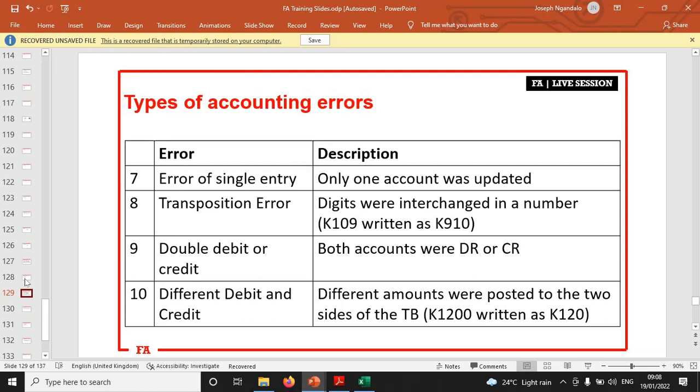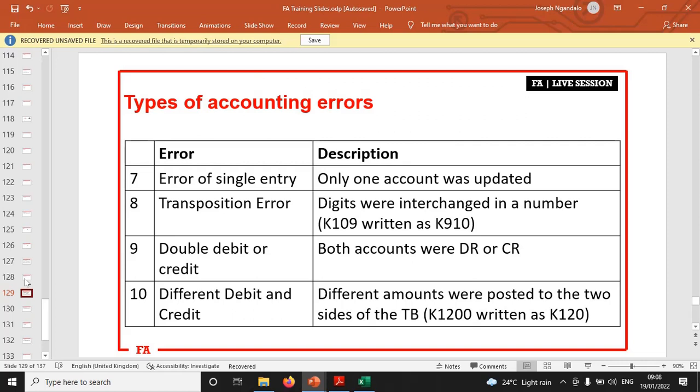Only one account was updated. The next one is transposition error. What does it mean? Digits were interchanged in a given number. For instance, in one account you could have written 109, which is correct, right? But in another you wrote 910.